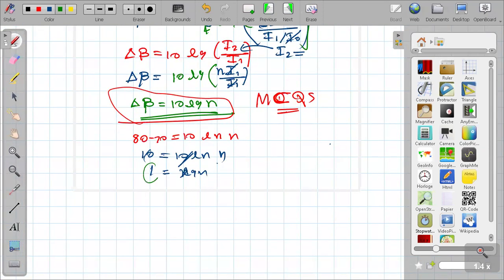So 10 to the power 1 equals N, the antilog of LG N. So what is the number? N equals 10.